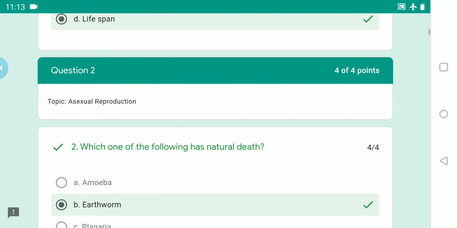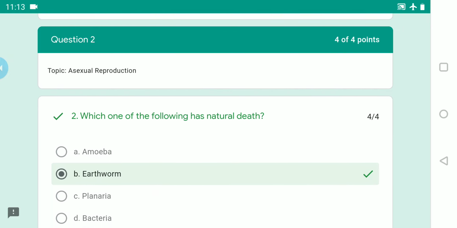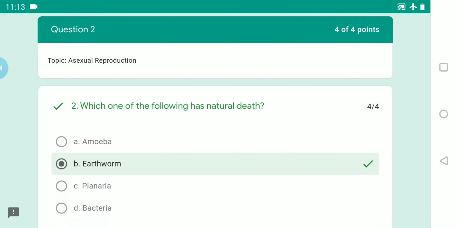The next question is also related to asexual reproduction. Which one of the following has natural death? When we were discussing asexual reproduction, I told you one sentence.